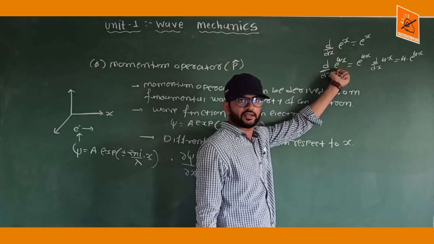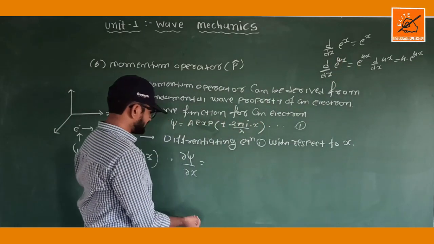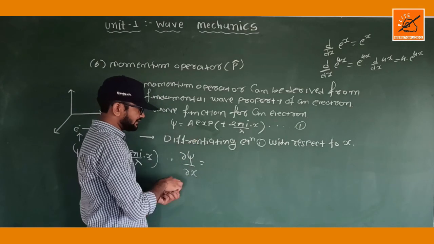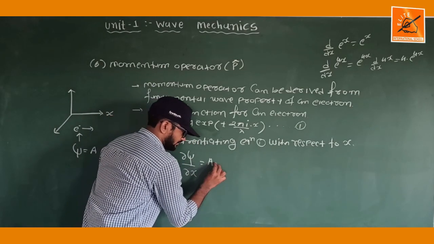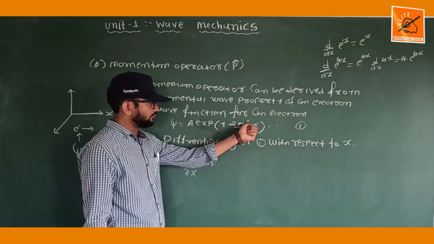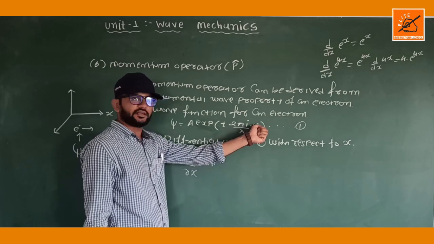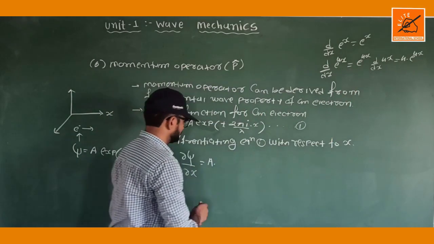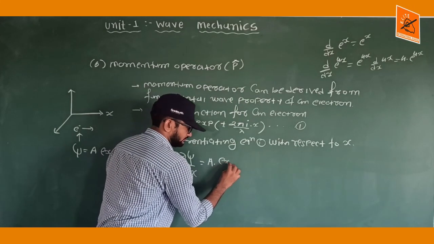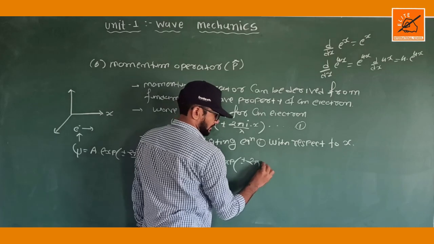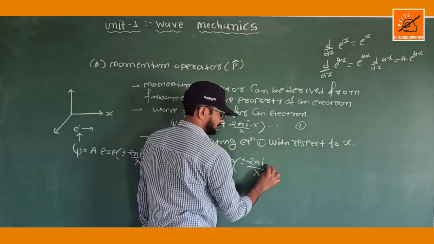In this case, first A is constant, so it is written as it is, and the exponential plus or minus 2 pi i into x upon lambda also remains as it is.